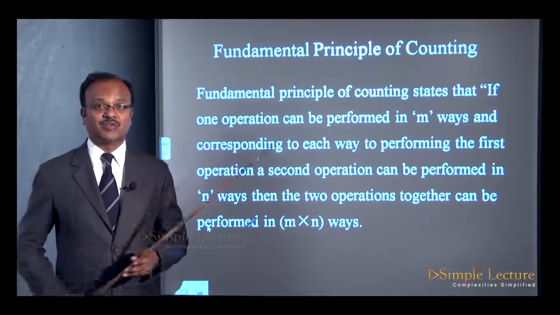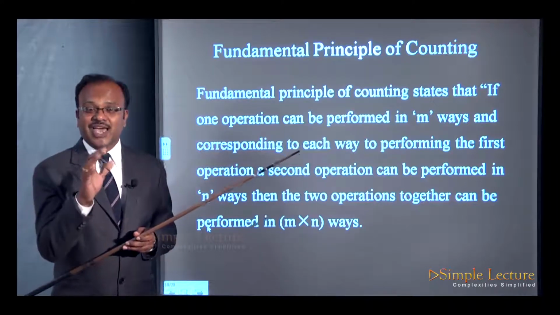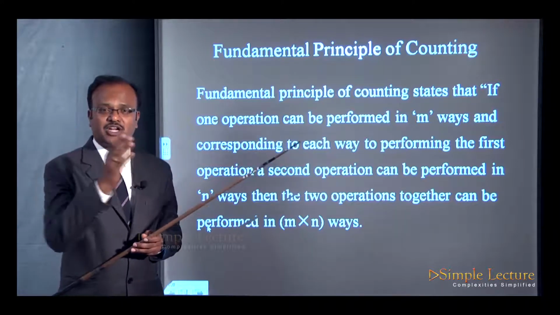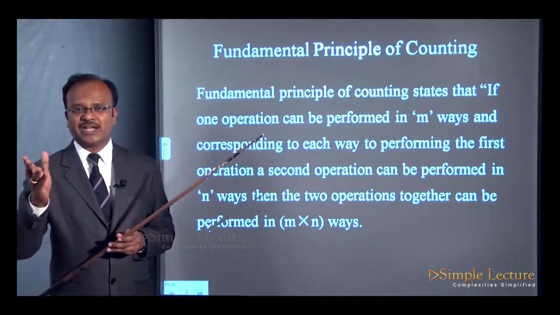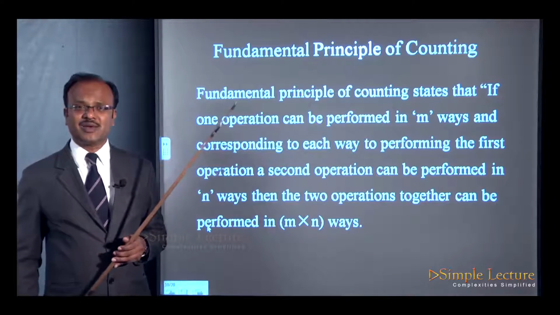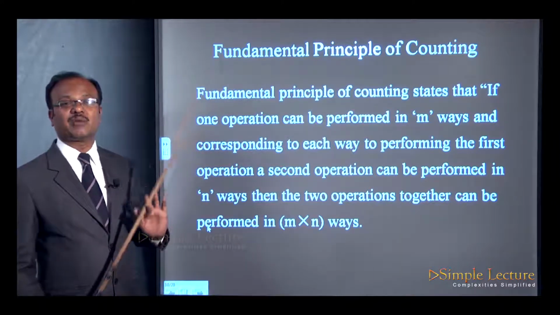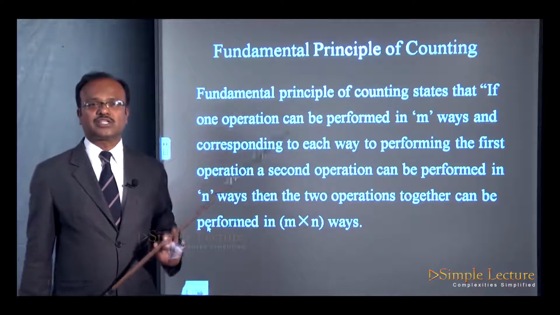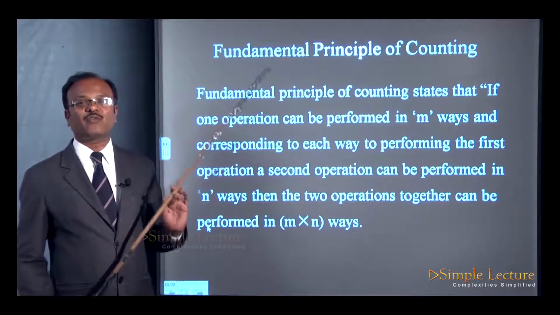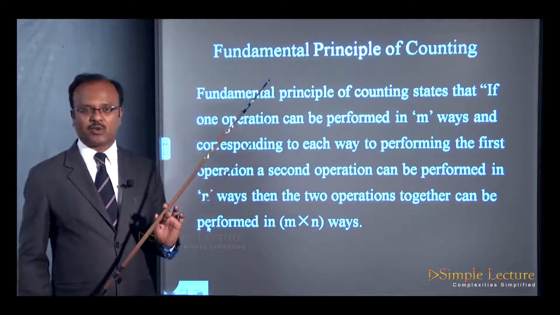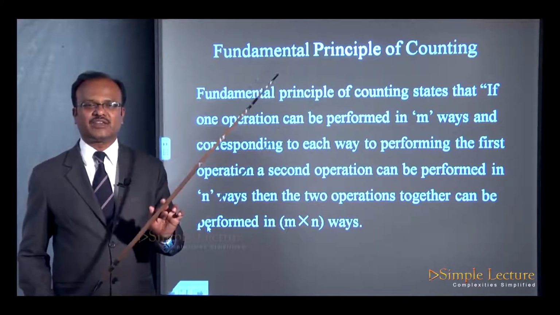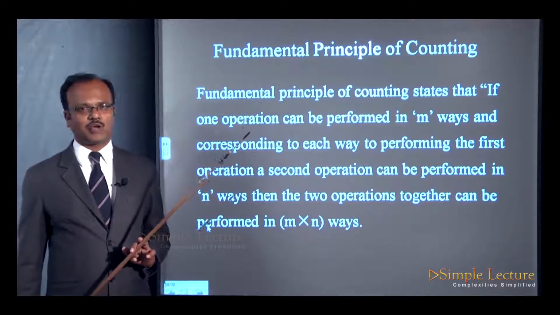So you can wear in 6 ways, and this can be found by multiplying the number of ways to wear the shirt and the number of ways to wear the trousers. That is what we call the fundamental principle of counting, or the fundamental counting principle. In short, we write it as FPC or FCP. Both are one and the same.